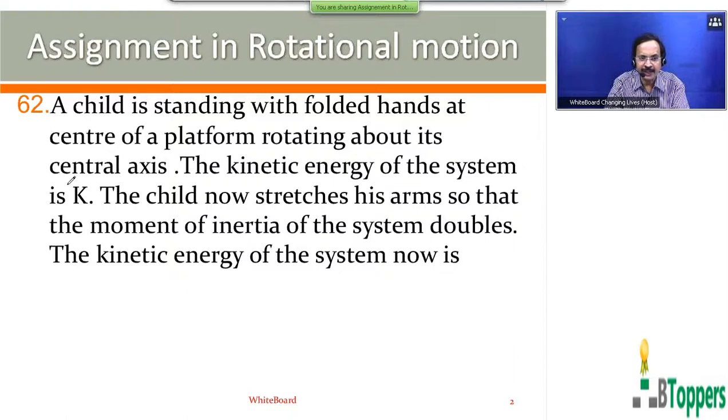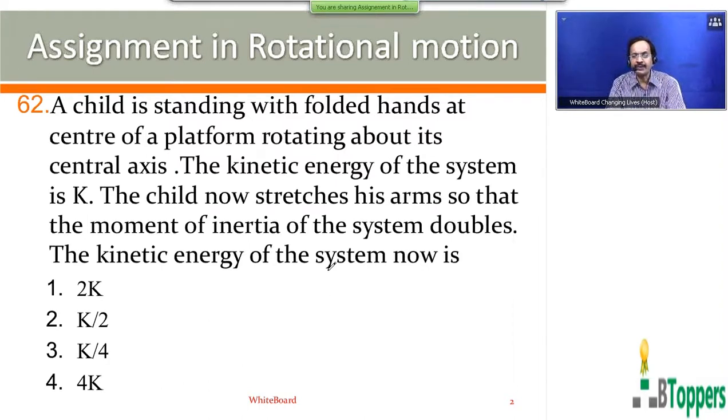The kinetic energy of the system is capital K. The child now stretches his arms so that the moment of inertia of the system doubles. The kinetic energy of the system now is. There are 4 options on the screen. First option 2K, second option K by 2, third option K by 4, fourth option 4K. Come on, take a pause and try this question yourself.